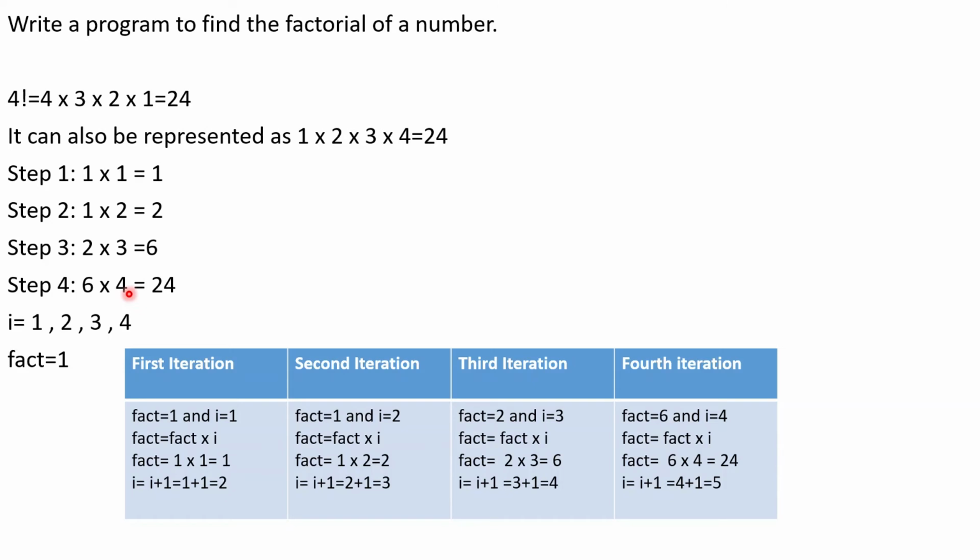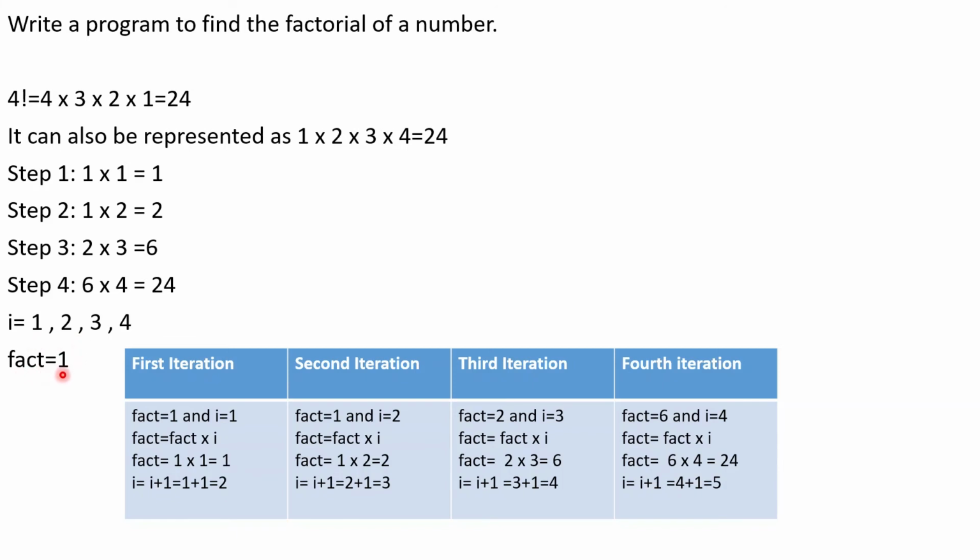Now we have to identify the relationship between each step. In each step, the second operand goes on incrementing by 1, and the first operand is always the result of the previous step. That's why I need a variable to store the second operand, and I need a variable to store the intermediate results.